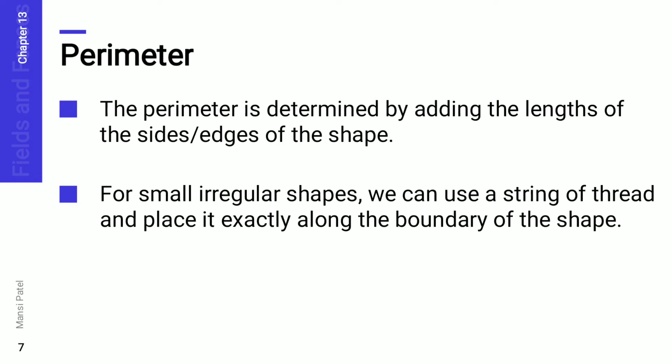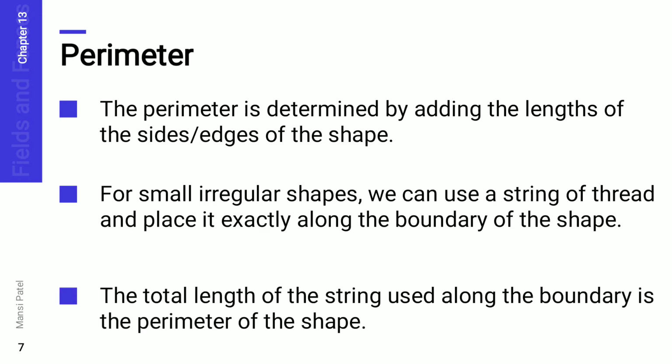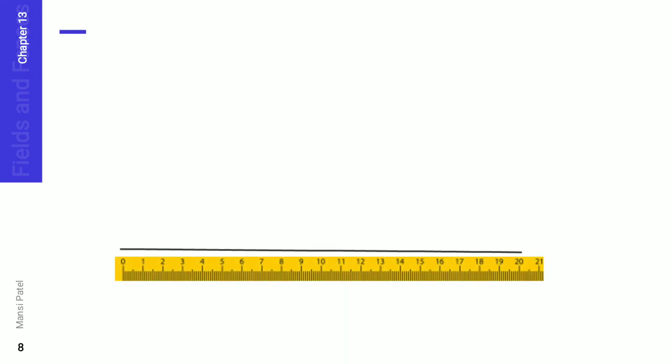What do you have to do? You have to place it exactly along the boundaries of the shape. And the total length of that string used along the boundary is the perimeter of the shape. Let us see how it is. If you want to measure an irregular shape, how can you use it?